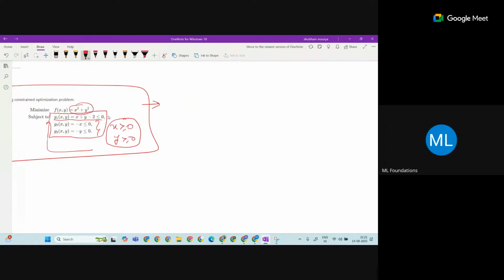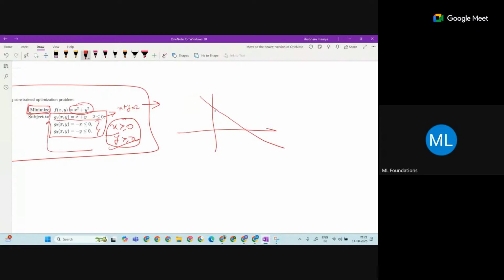If you draw it here, you can write this as x plus y equal to 2, right? So that means this is the line. And now x is greater than 0, y is greater than 0. I think you said maximum value.